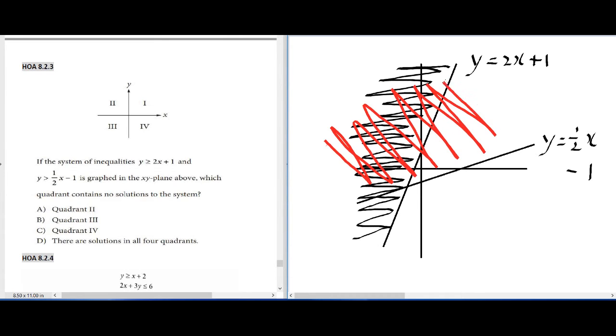So the solution is shaded in both. So the solution is this part and this one, so first, second, third quadrant. So in the fourth quadrant, there is no solution of this system. Yes, quadrant 4. You understand?